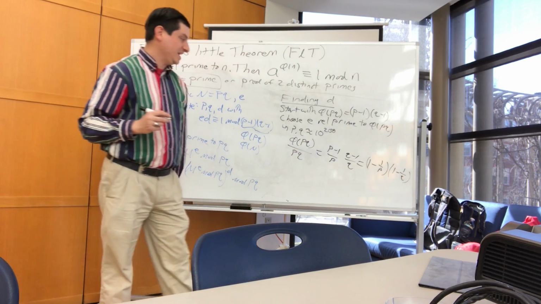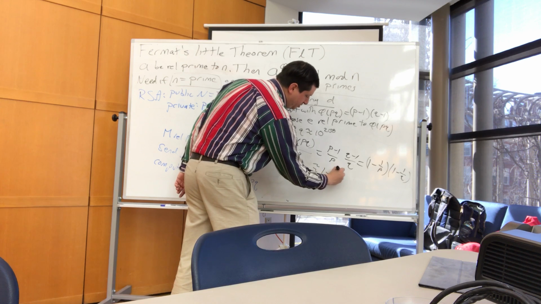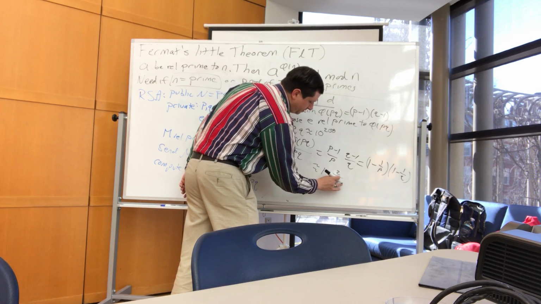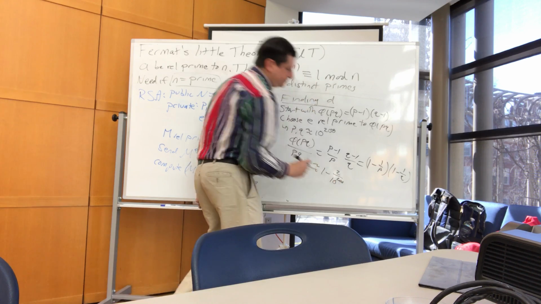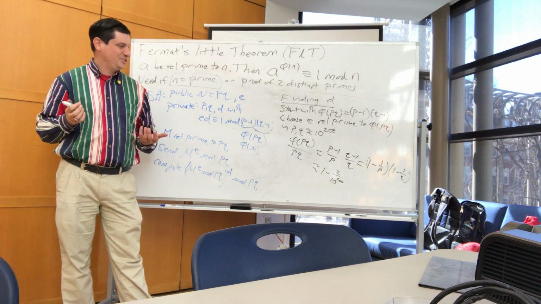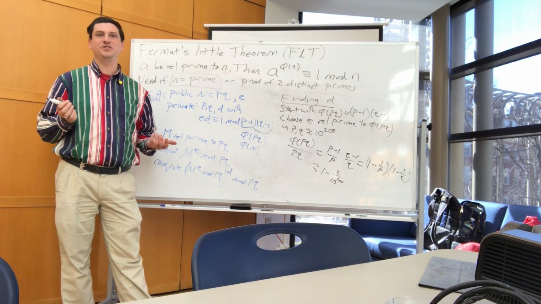If P and Q are of size 10 to the 200, this is approximately 1 minus 2 times 10 to the minus 200.